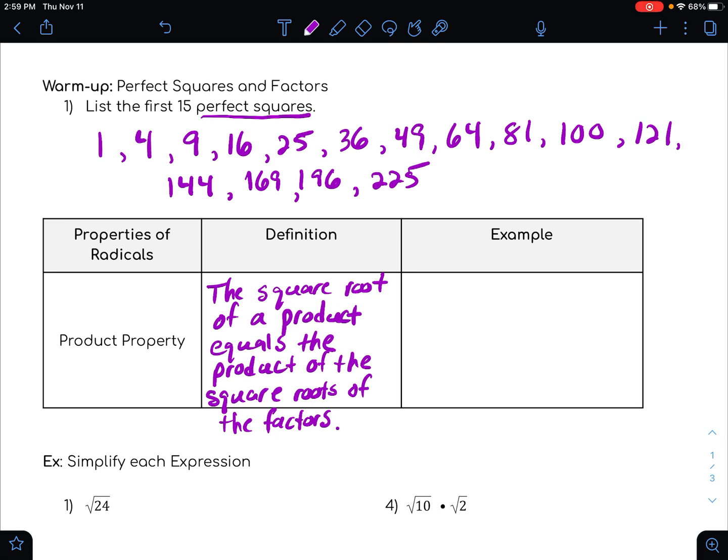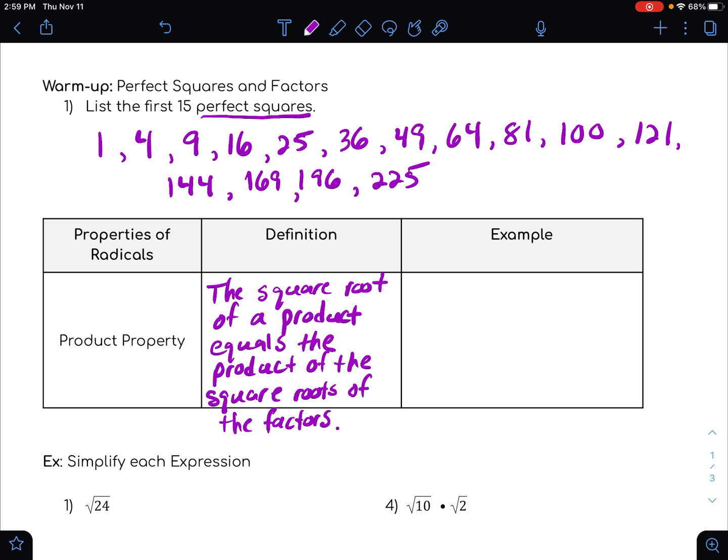Okay, you might need to read that a couple times to let that sink in, or maybe an example will help it sink in a little bit more. So the square root of a product, in other words, the square root of two things being multiplied, equals the product of the square roots of those factors, okay?